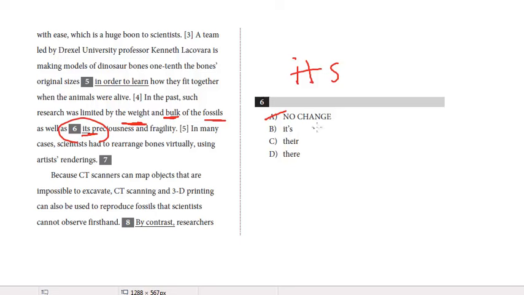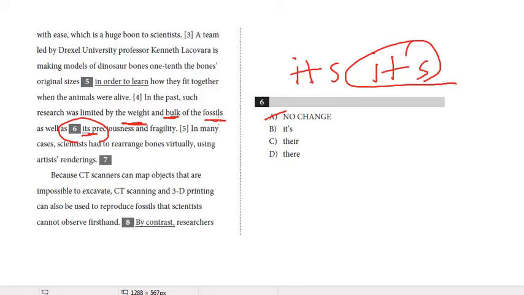They ask you things like it's as in it is, and in this case it's not B. You're not saying, as well as it is preciousness and fragility. This is actually from the ACT. ACT is really great practice. If you guys are lost for material, go online, and I think if you type in something like crack SAT, they give you a lot of material like this.